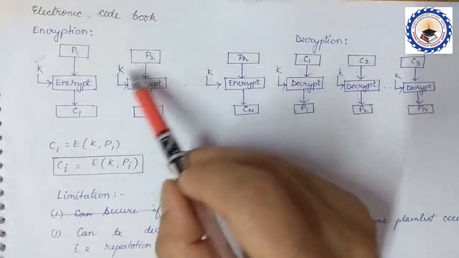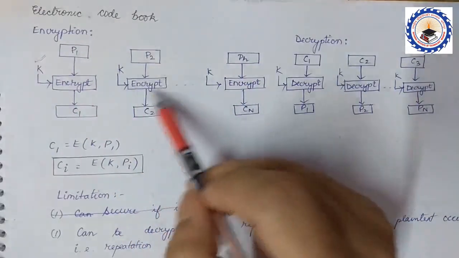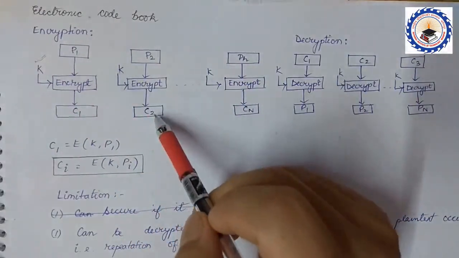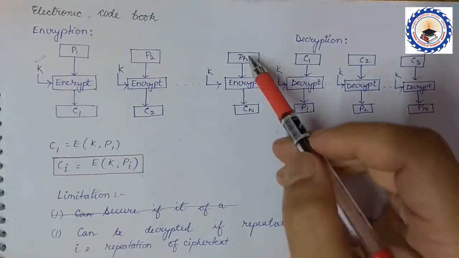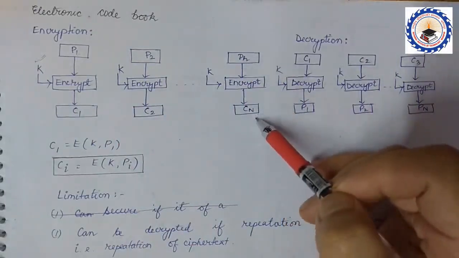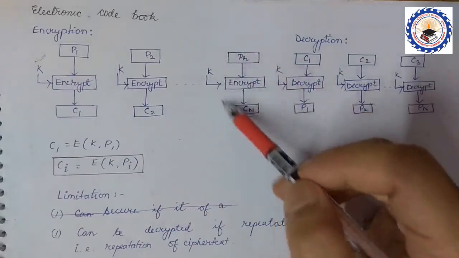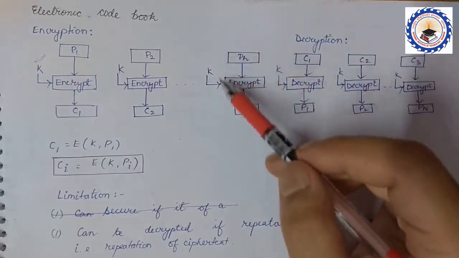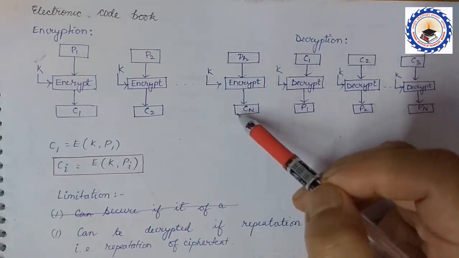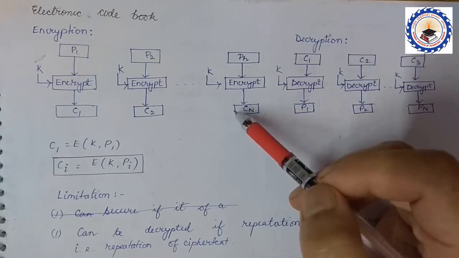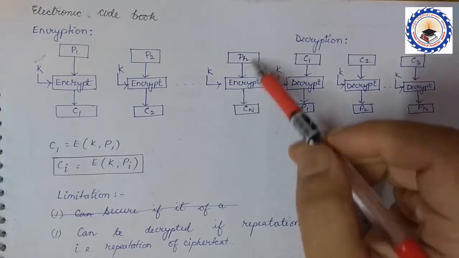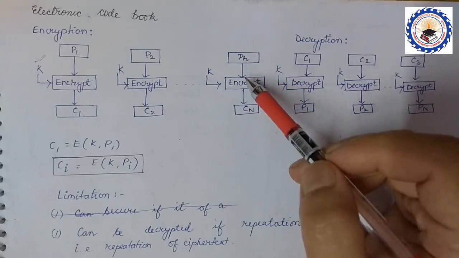So P2 again with K through the encryption algorithm will give you the ciphertext, and so on up to the Pn, the last block. Also, if you are grouping and the last block does not have a sufficient number of bits, then you go for bit padding, which means adding or inserting dummy bits here.